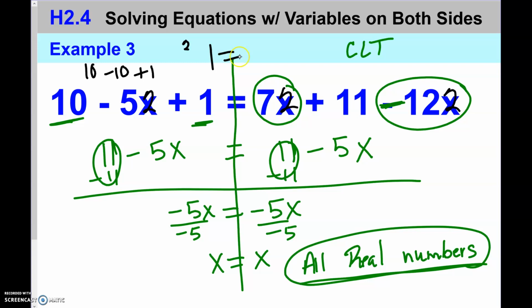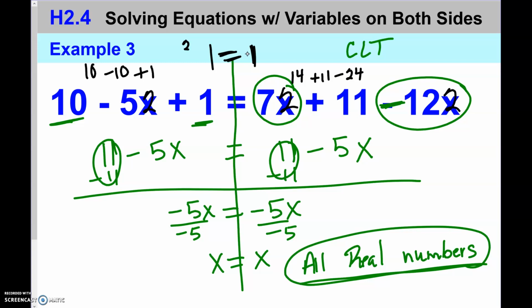All right, what do we end up with on the other side? 7 times 2 is 14, plus 11, and minus 12 times 2 is a negative 24. Okay, so if we grab our calculator and go 14 plus 11 minus 24, what do we end up with? And we end up with 1. 1 equals 1. So we just randomly picked a number 2 and it worked.